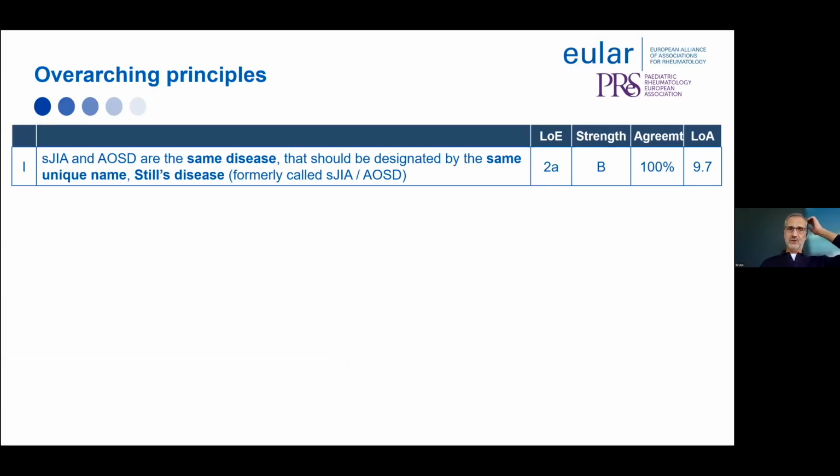In this type of recommendation, we have what we call overarching principles, so really big and strong ideas, very general. And besides that, specific recommendations. In terms of overarching principles, we have decided to say that SJIA and AOSD is the same disease. So now we would be very happy to use the unique name of Still disease for all these patients.